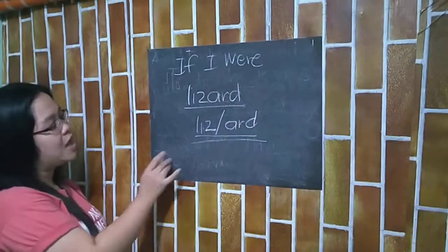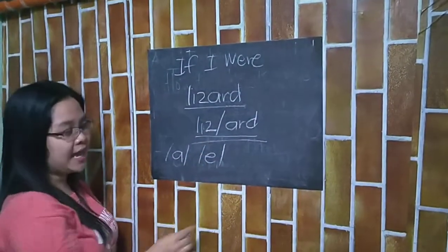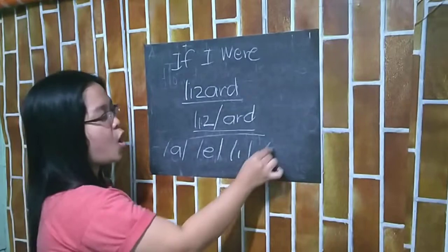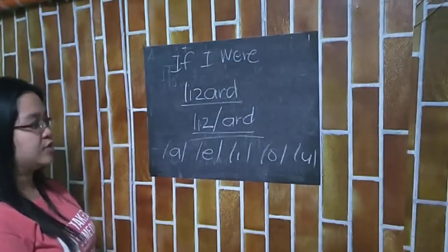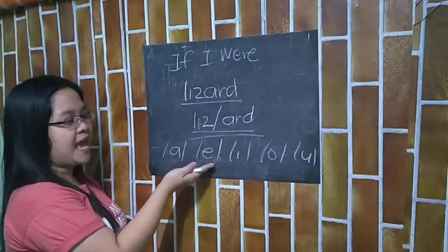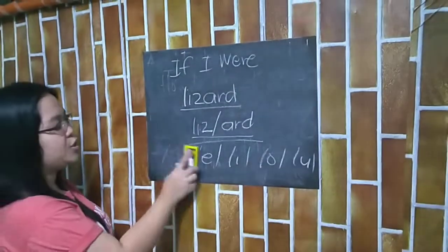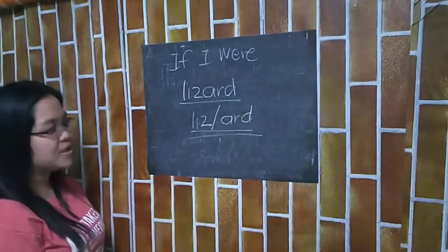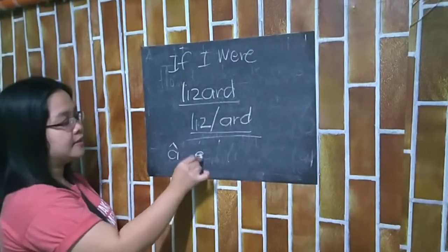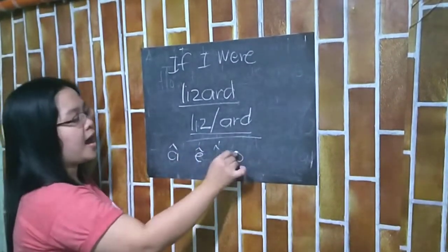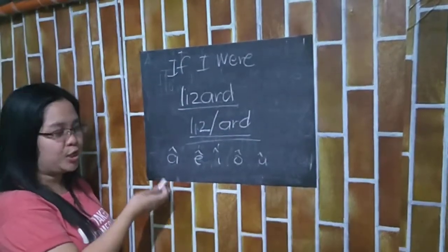When you say vowel sound, there's A, E, I, O, and U. If it's a short vowel sound, again, it's A, E, I, O, and U. There are some instances that you will encounter long vowel sounds, such as A, E, I, O, and U, the same way as how we read the letter itself.